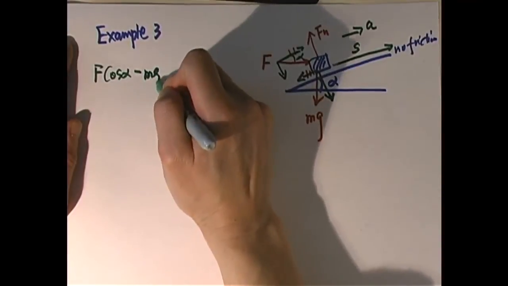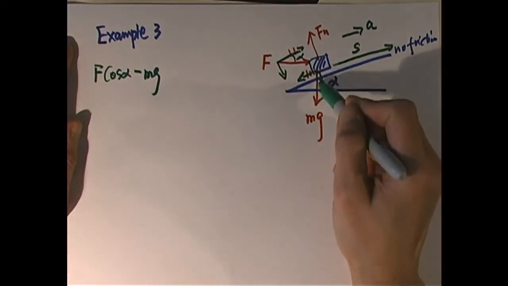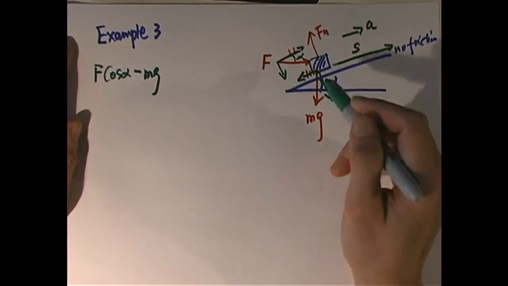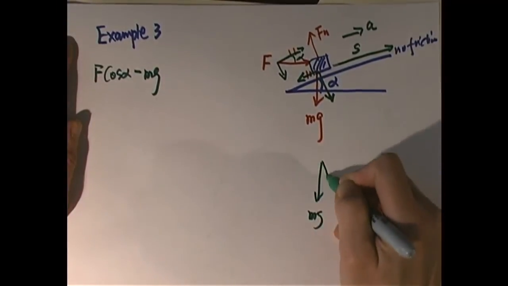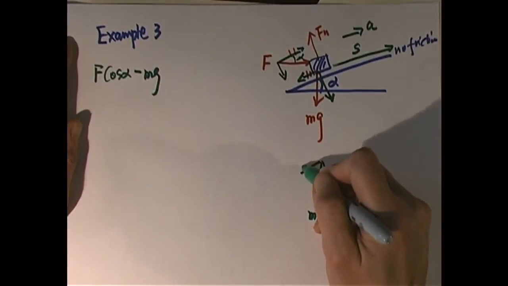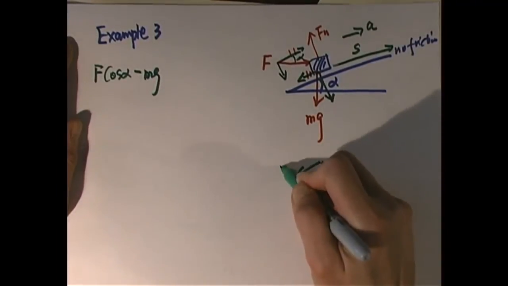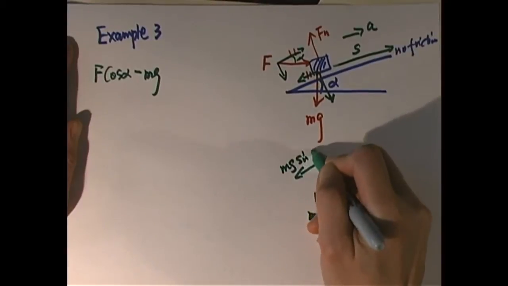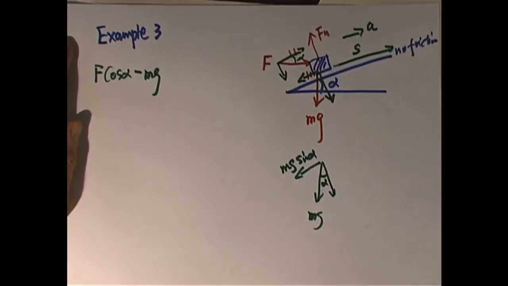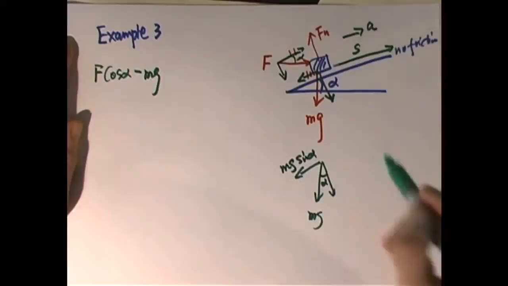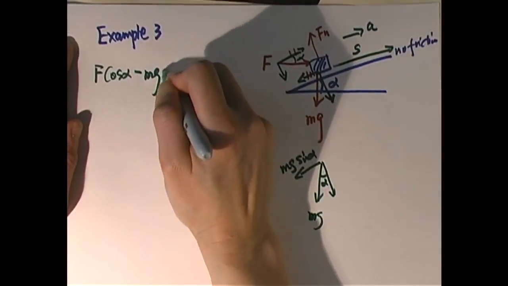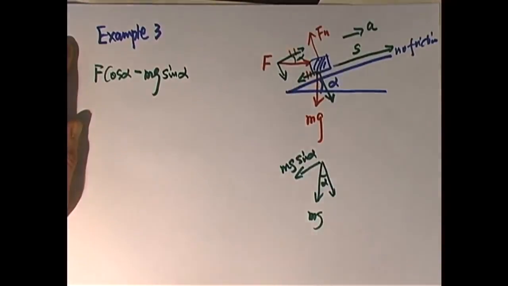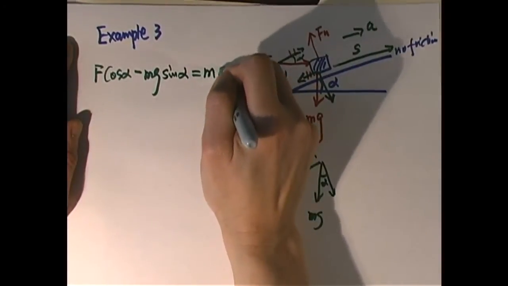If this angle is alpha, then this angle is alpha. If this is mg, and this angle is alpha of the slope, then this portion is actually mg sine alpha. So up force subtract down force equals the mass times acceleration.